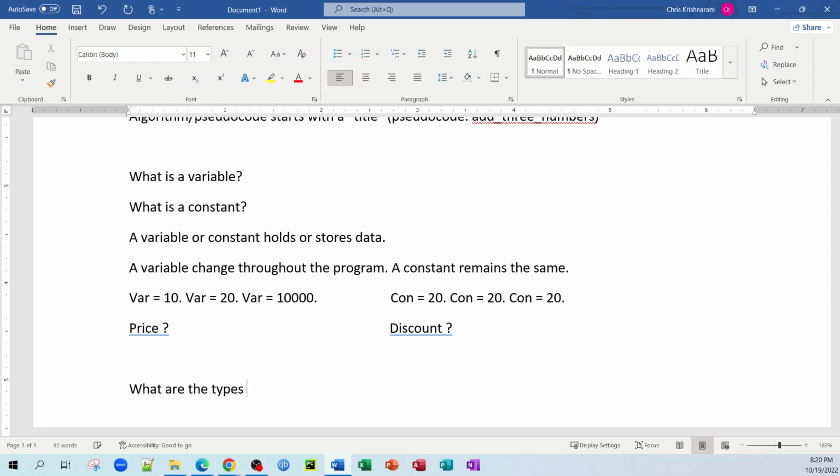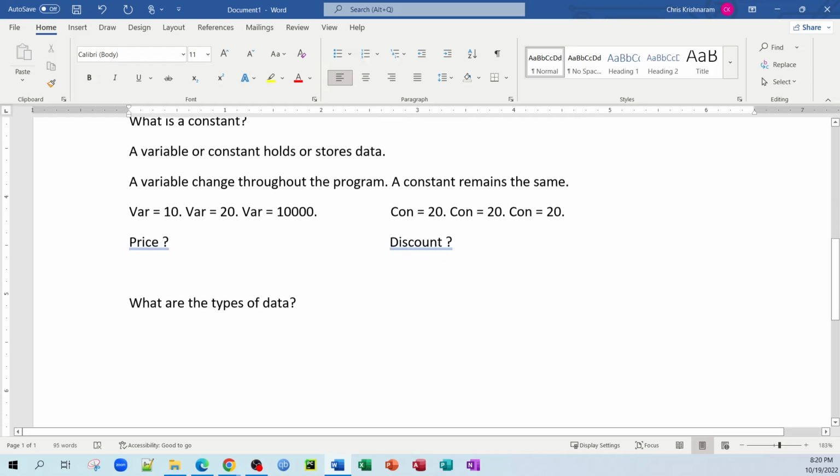So the next question, what are the types of data? That's the last thing we would have looked at in the last class. What are the types of data?